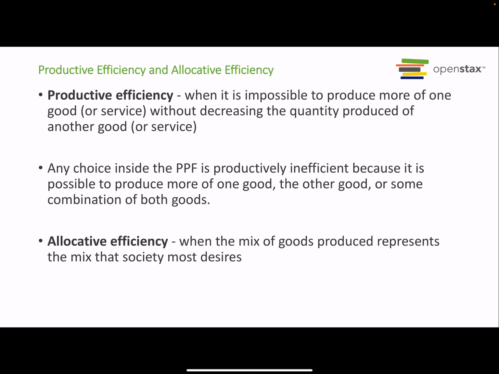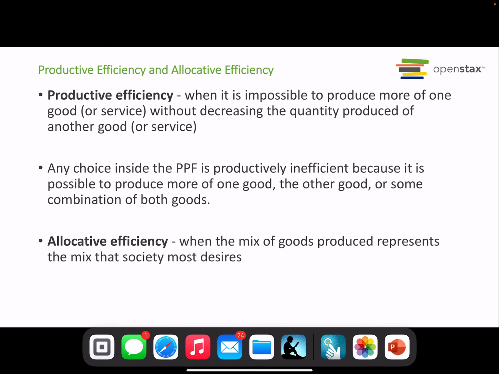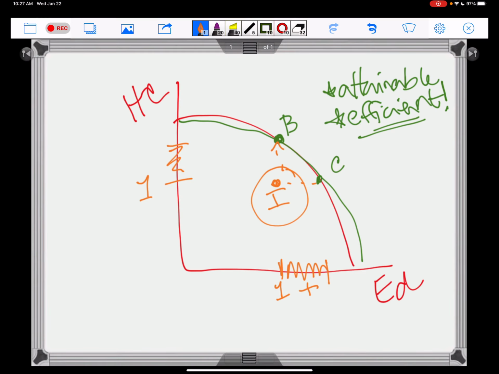Allocative efficiency is just the mix of goods that represents what society most desires, okay? My students will often ask, Professor, what does the PPF want us to produce? And I'm like, the PPF doesn't care whether we produce at point B or C, or even if we put all of our resources into healthcare at point A, or all of our resources into education at point D. The PPF is indifferent between all of those.